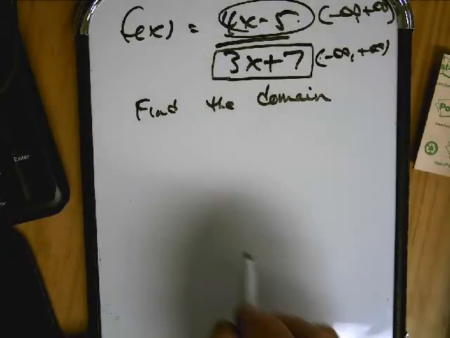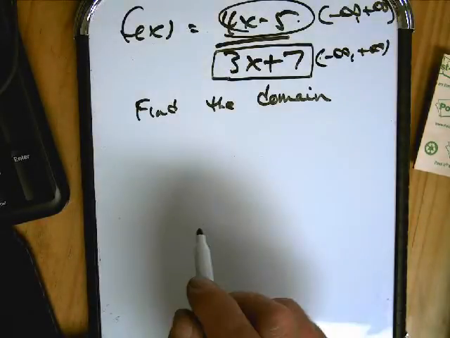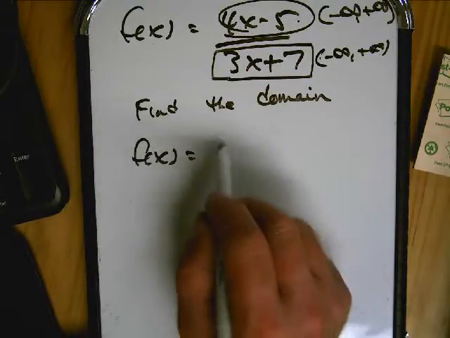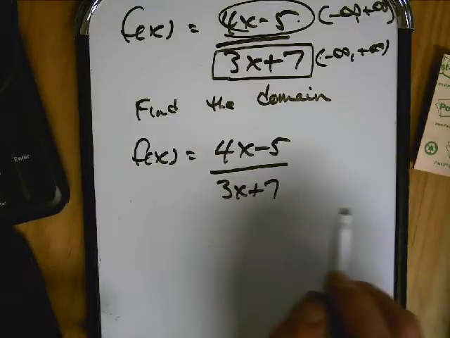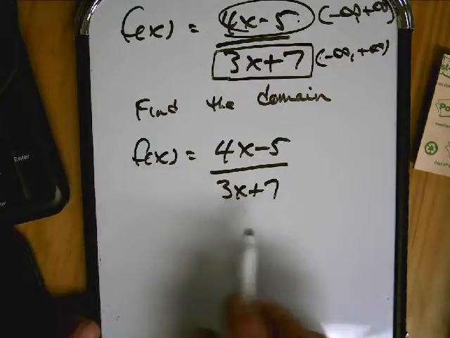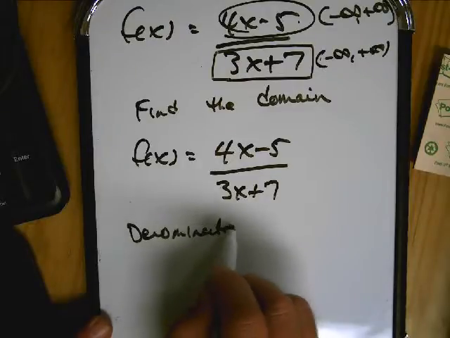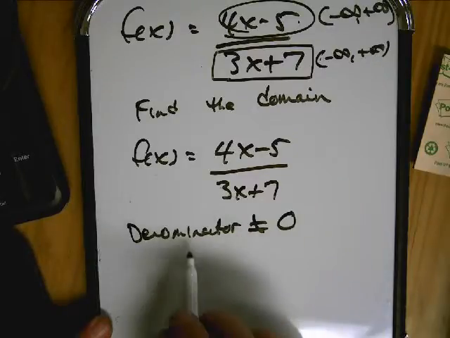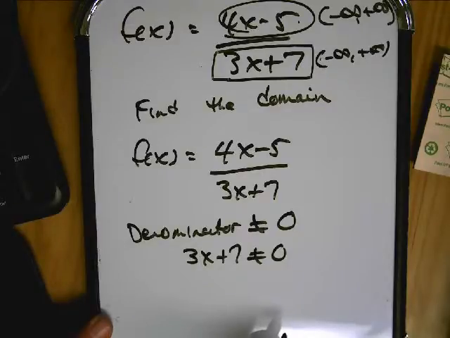Now, when I apply this to the entire function, f of x is a numerator with a denominator that's got a variable, correct? And what do we know about that? The denominator of any fraction, I don't care what it looks like, can never equal 0. So 3x plus 7 is not allowed to equal 0.